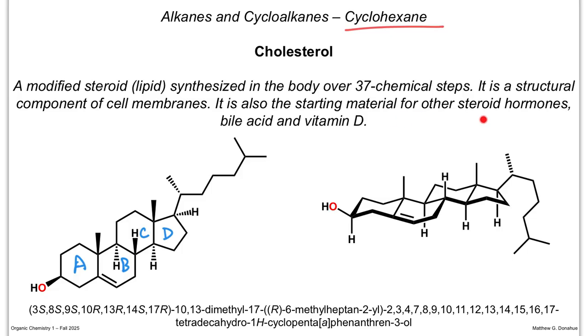And so cholesterol is the starting material for other hormones such as bile acid and vitamin D. So 37 steps, that's not the pace at which you or I operate in the lab. It happens pretty quick. And so that is controlled by enzymes.